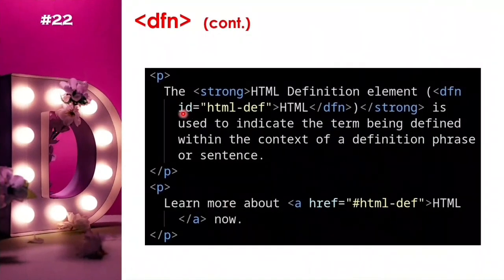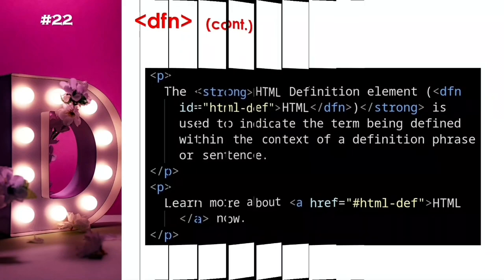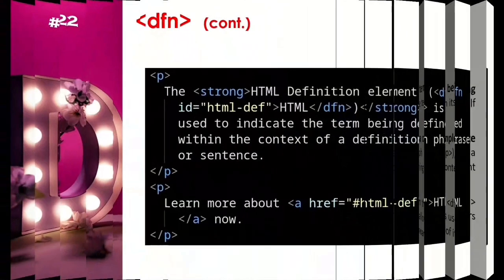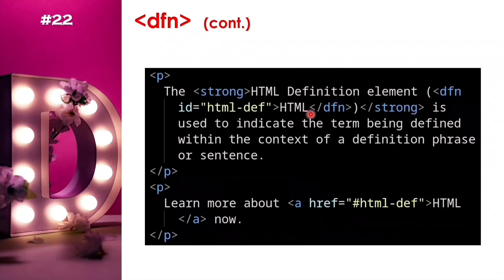Sorry for this. In here, it's the title attribute, and the title attribute specifies the term that we are defining, and then we can just go on and add the definition right around it. Okay, that's the point. So the title attribute can be used to provide the term being defined when the content of the define element is not the term itself, but perhaps an abbreviation or symbol. So we can have the define element, and then the content inside, that is the term that we are defining.